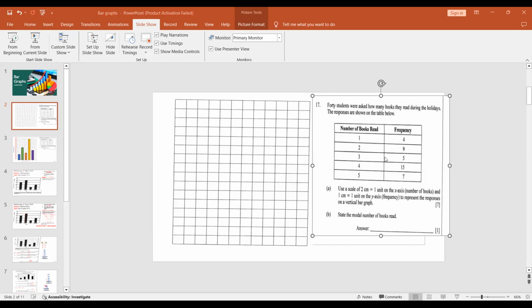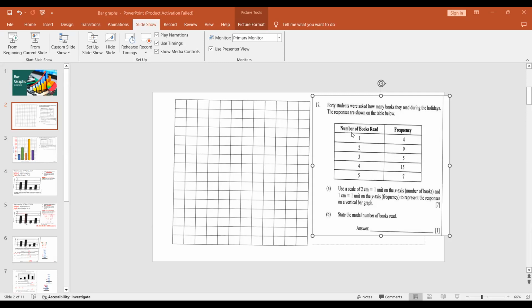How many students read 3 books? 5 students, very good. And how many students read 4 books over the holiday? 15. And how many students read 5 books? 7, very good. So we have to represent that on the graph.